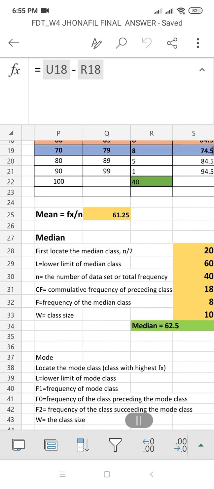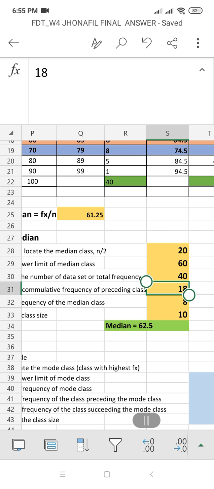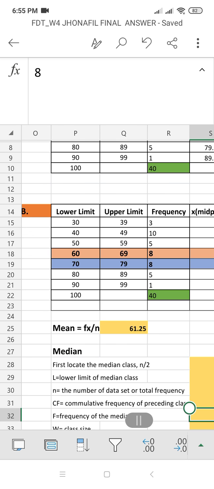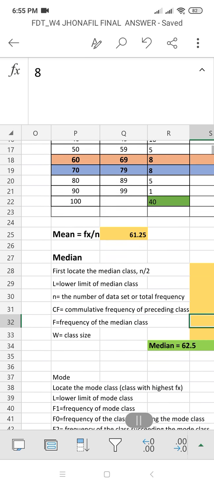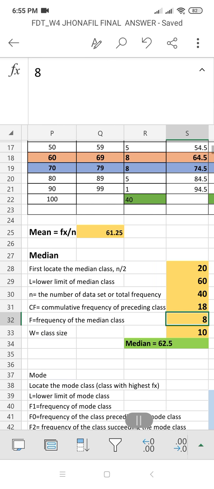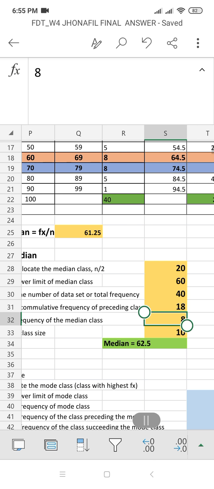The next is the frequency of the median class. What is the frequency of the median class? Its frequency is 8. The next is the class size. What is the class size?